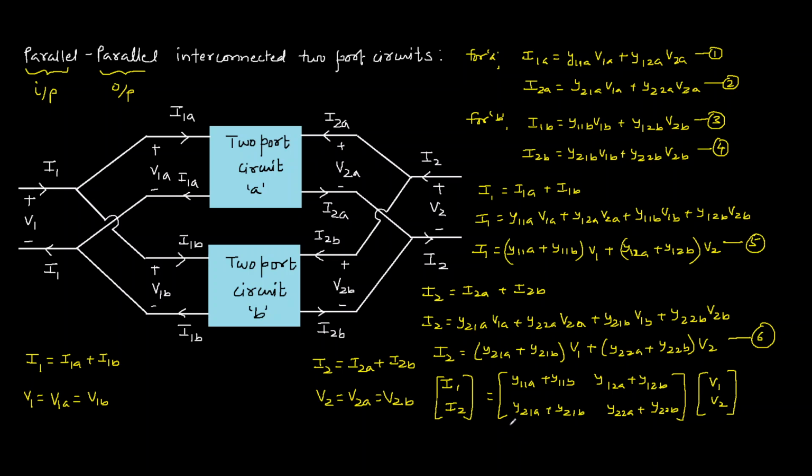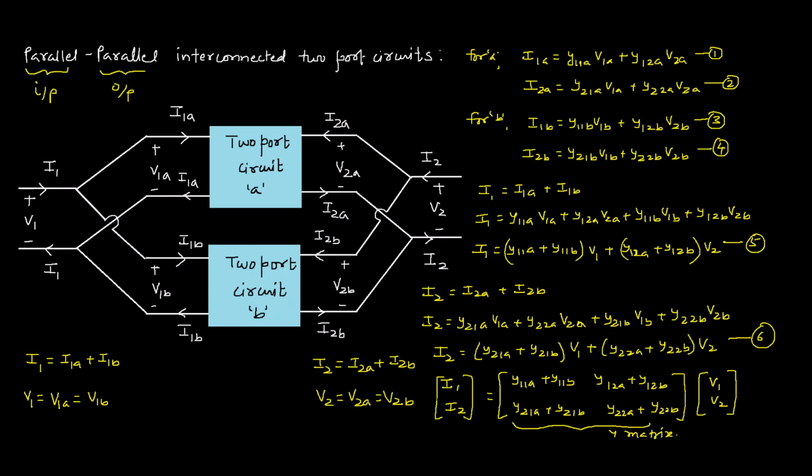So this is the overall Y matrix. It means if two-port circuits are connected in parallel, then the overall Y parameter is the sum of the Y parameters of circuits A and B. So that's how we find the Y parameters of a parallel interconnected two-port circuit. Simply the sum of the Y matrices of circuits A and B.